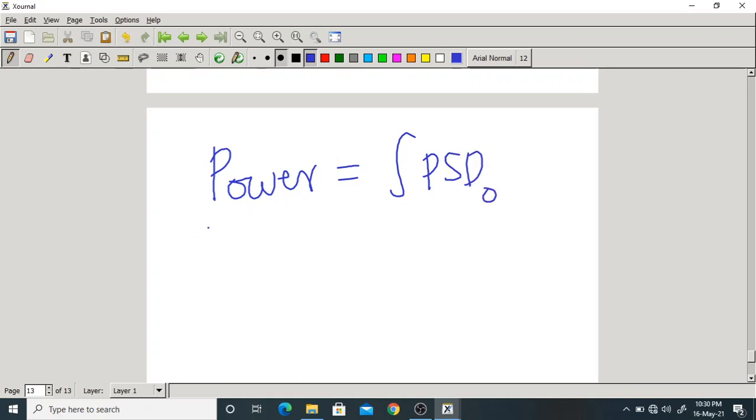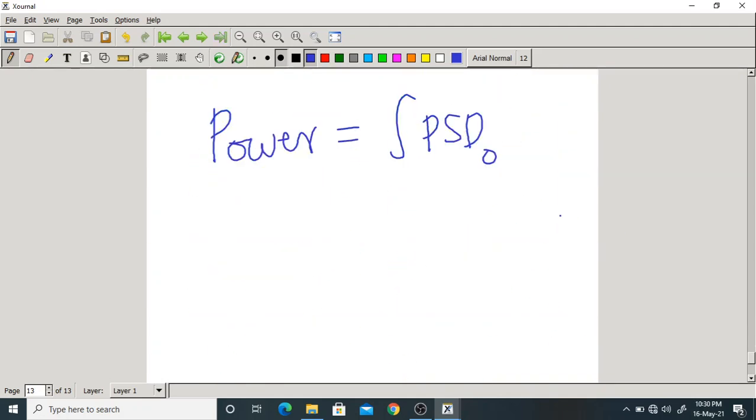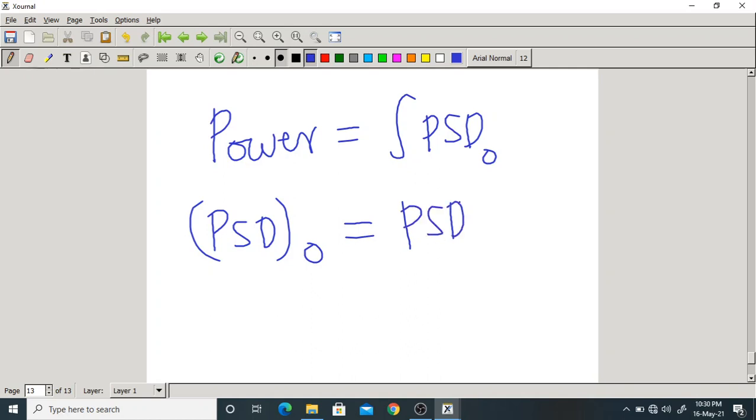Output PSD. You must know what is the PSD at the output of the system. Now, you might have recalled this formula: PSD of output equals PSD at the input side times mod H of f whole square.